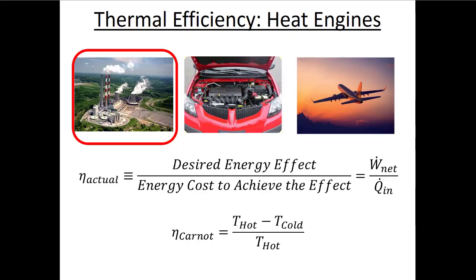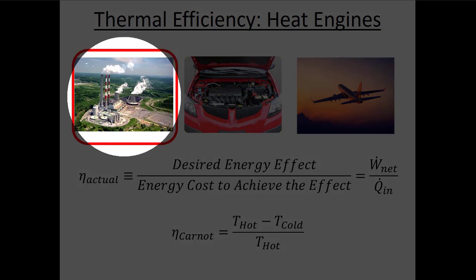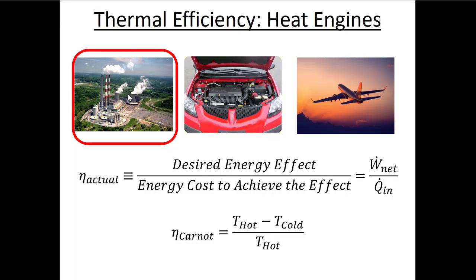So we've been talking about heat engines, and in particular, we're interested in nuclear and coal-fired power plants that run on Rankine cycles. Now we know that to characterize the thermal efficiency of heat engines, we need to know the energy benefit divided by the energy cost.